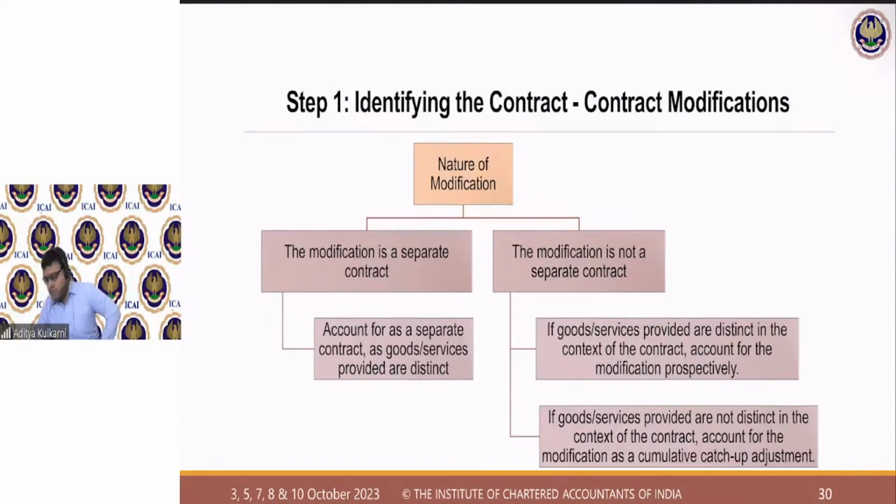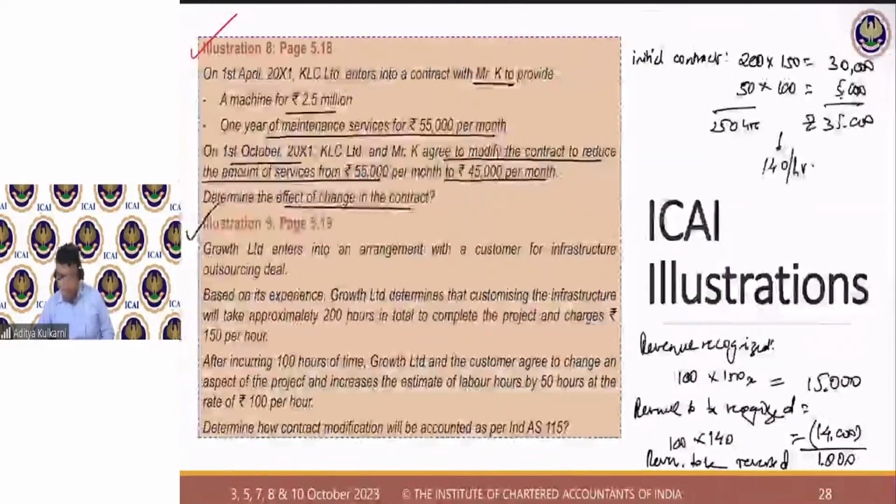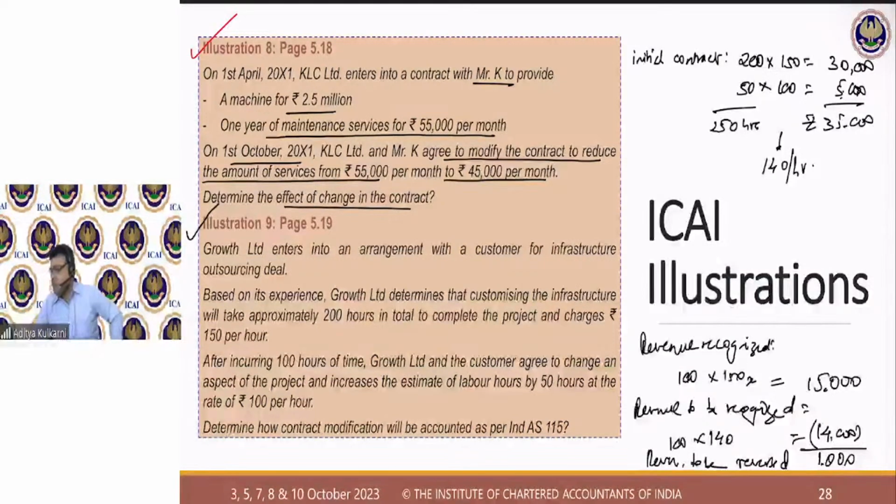Comparing illustration 8 with 9. How is it that in illustration 9, it is resulting in a modification, whereas in illustration 8, look at the words.